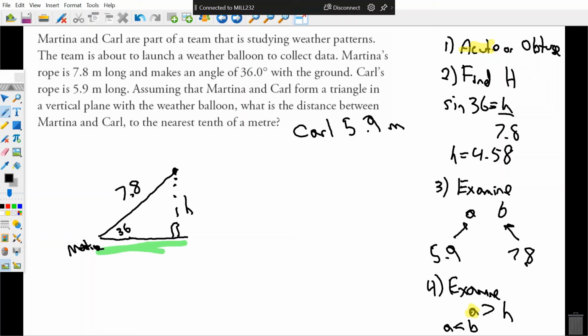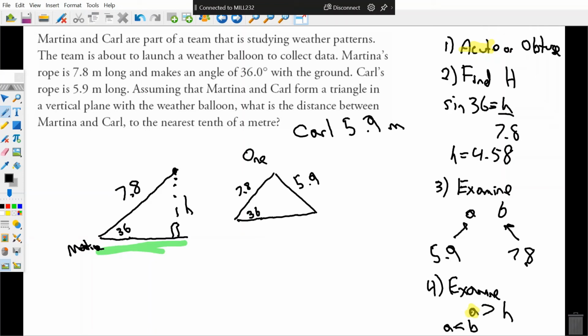And now your drawing doesn't have to be perfect, okay? But they would look something like this. So here's number one. Could look something like this. 7.8, 36. And Carl's over here somewhere. Okay, that's 5.9. That's the one possible triangle.